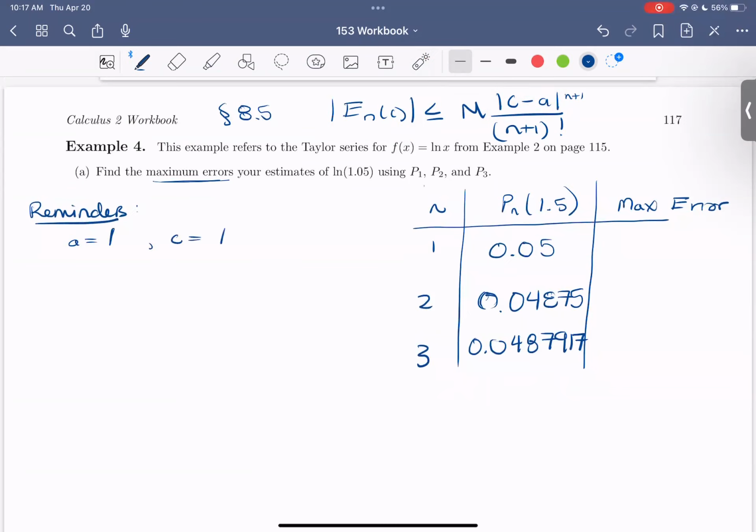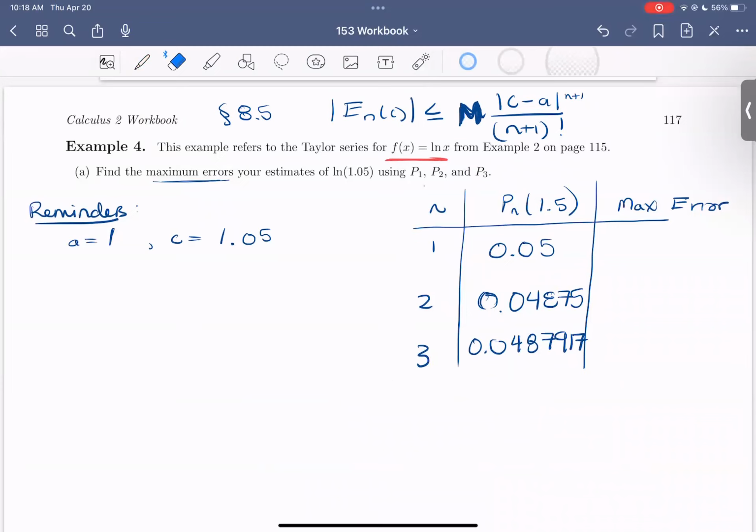The c value we're looking at here is 1.05. Now, the M that we're using is going to be computed using the n plus 1 derivative of our function. So we need to find the derivatives of f of x up to at least the fourth derivative.